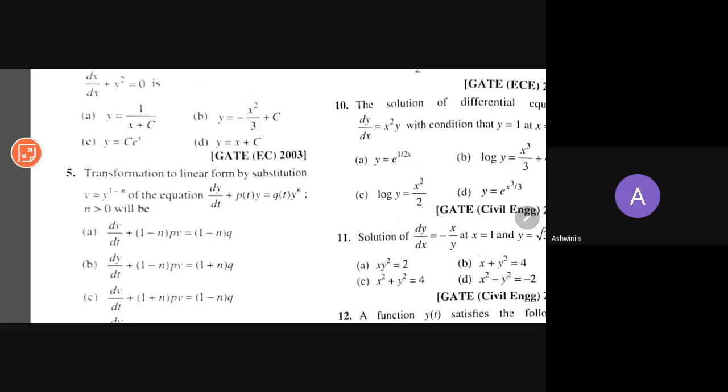Fourth one, the solution of differential equation dy by dx plus y square is equal to 0 is, same thing repeated. 1 by x plus c. Fifth one is transformation to linear form by substitution. V is equal to y power 1 minus n for n greater than 0. See here, this I have given in the slides.